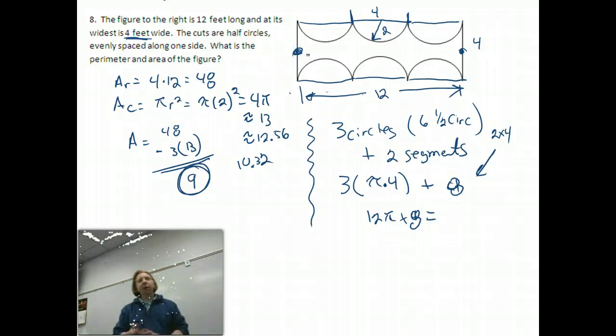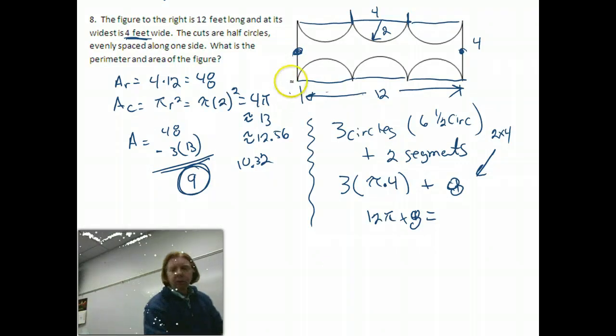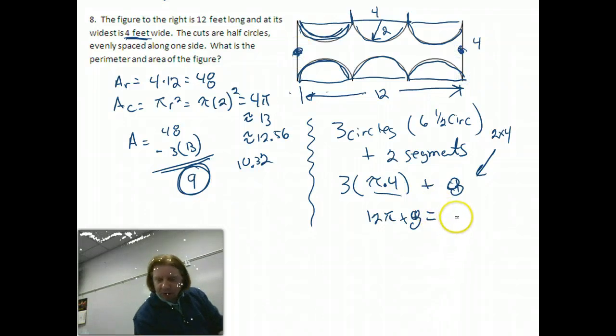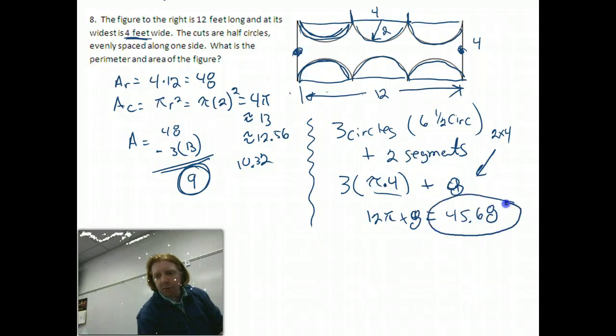So the 3 times pi times 4 tells me the total of this half circle here and this half circle. That's one of these pi times 4. And then this one is 2 of them. Here's my third. And then what's left are my 2 segments of 4 units each. And that's what gets me to my final answer of 45.68 for the perimeter.